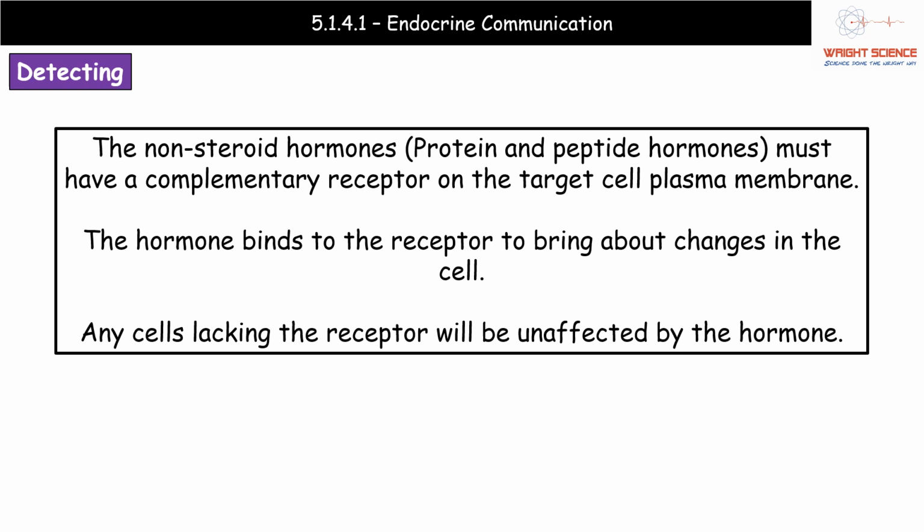And we mentioned that a secondary messenger can be released inside the cell to actually have those internal effects. If, of course, there are other cells around that do not have that receptor, nothing happens. They are unaffected, because if the receptor isn't present, the hormone cannot bind to it, therefore no changes take place.